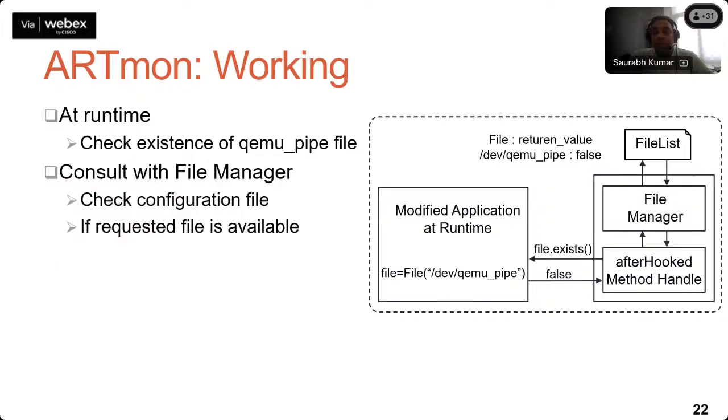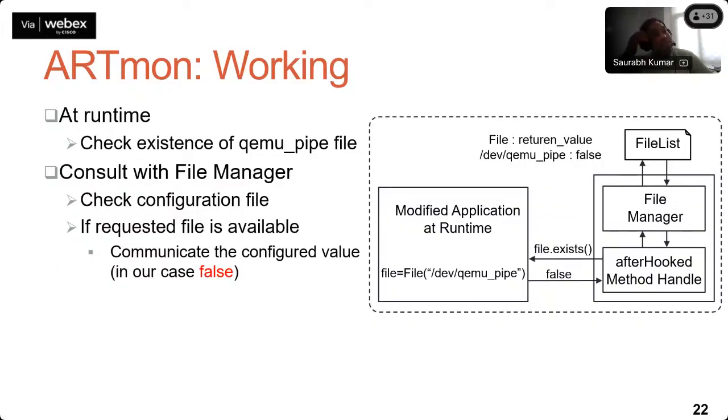Then the configuration file is already saying that the file is not available. So you can simply say that it is not there, and it can bypass the information. At the same time, they will also log the information, because this is also helpful for us.